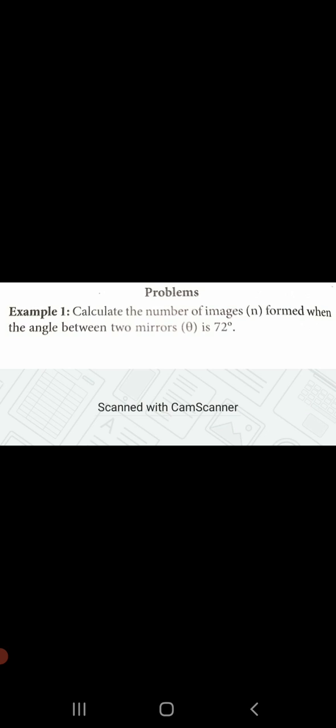The formula that is being used here is n is equal to 360 by A minus 1. A is actually the angle between the two mirrors.